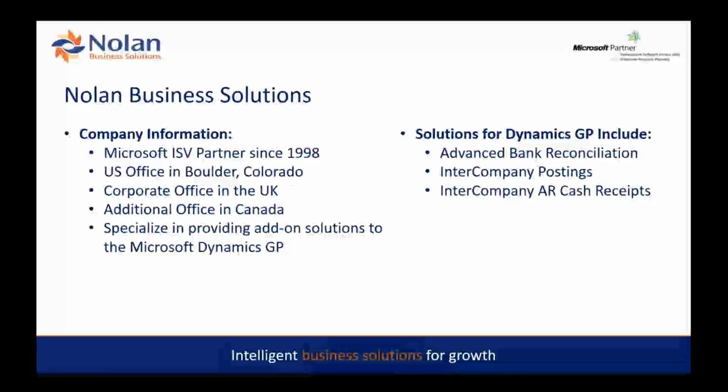Intercompany AR cash receipts facilitates the centralization and recording of cash receipts in one GP company database while providing the ability to apply that cash receipt to existing sales documents in other GP company databases. Intercompany POP2SOP is ideal for related companies that want to maintain a centralized inventory system but need to buy and sell inventory items between GP databases.